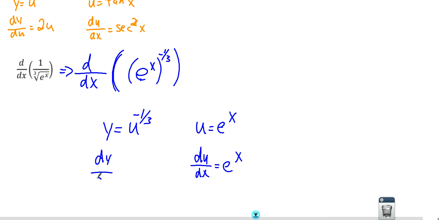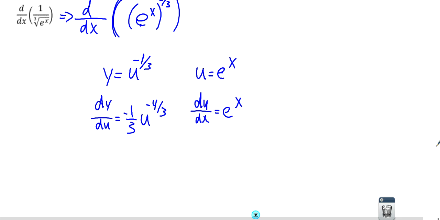Dy over du is going to be, now we do just power rule, so negative 1/3 u, and when we subtract 1 from negative 1/3, we're going to get negative 4/3. And again, we're going to multiply this, and then we're going to put our u back in here.